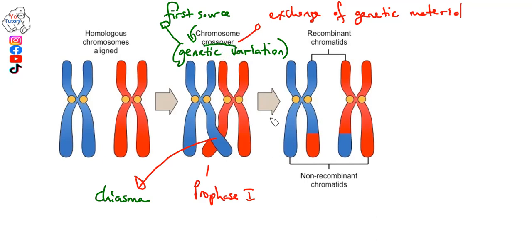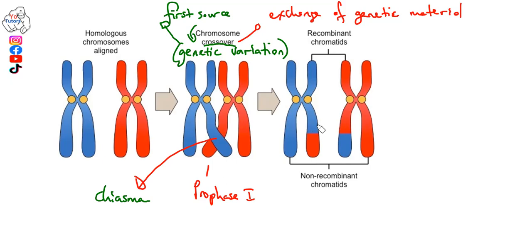Now, we have what are called recombinant chromatids. Recombinant chromatids consist of mixed genetic material. The genetic material has been changed, and now it consists of material from the paternal and the maternal.